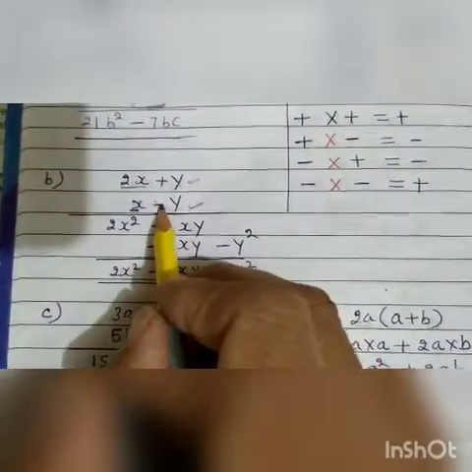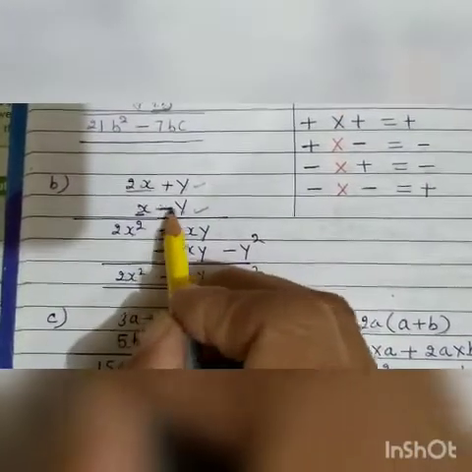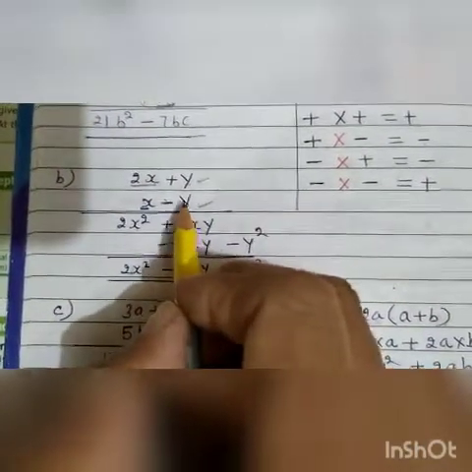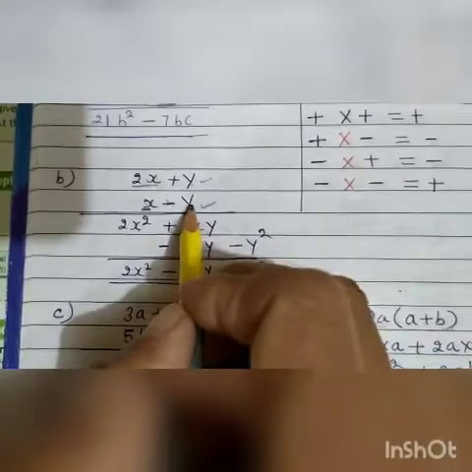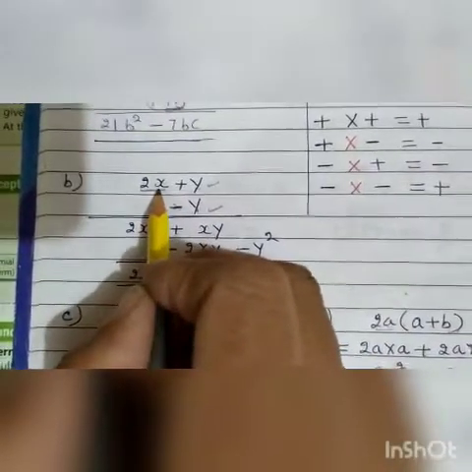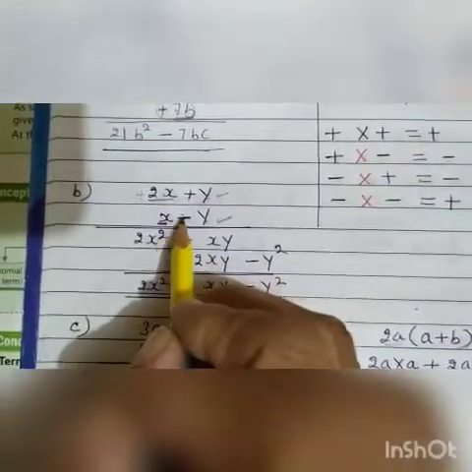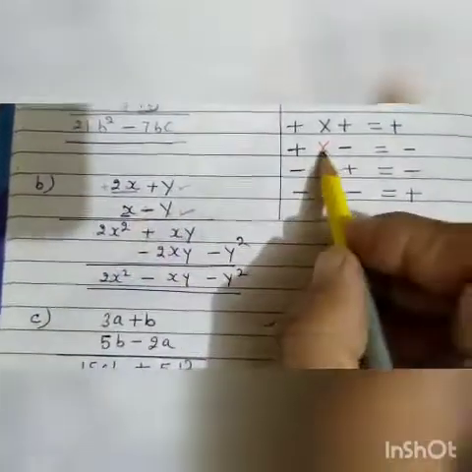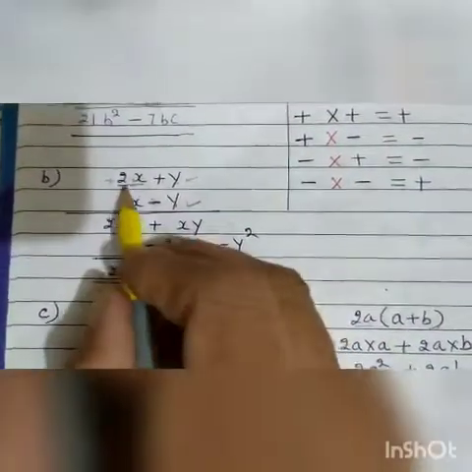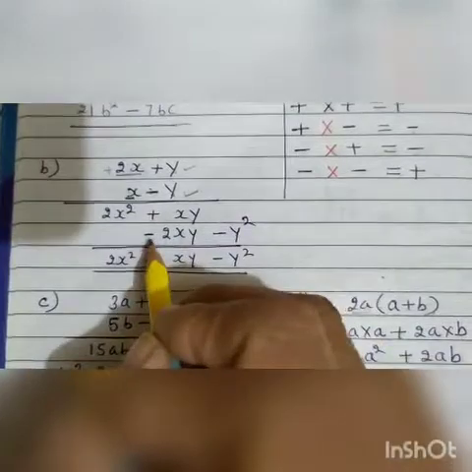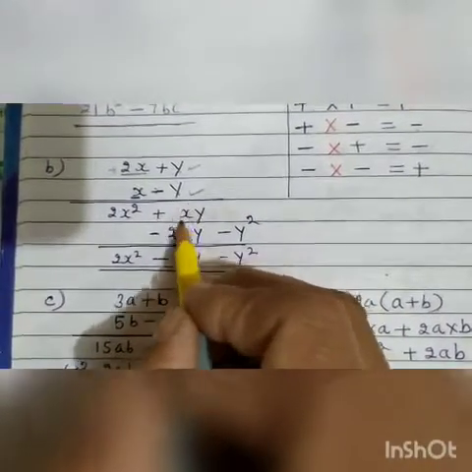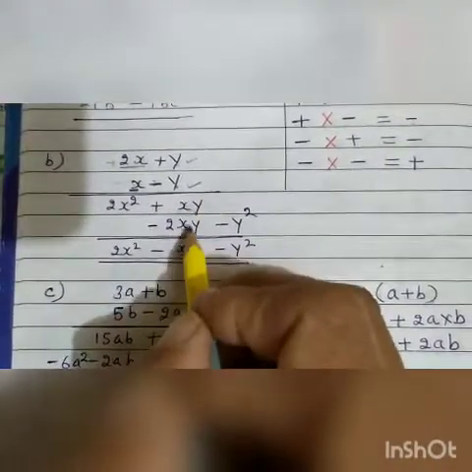Now come to this term minus y. This minus y will be multiplied first with this 2x. So this is plus, this is minus, plus minus, minus 2xy. So we will write this minus 2xy below this xy because both these are like terms.